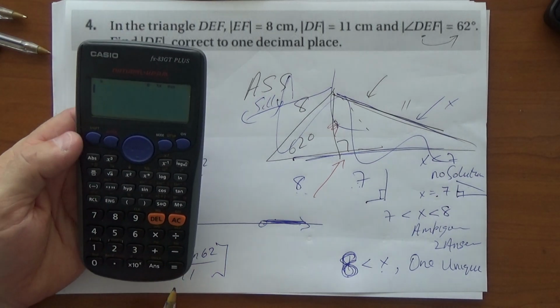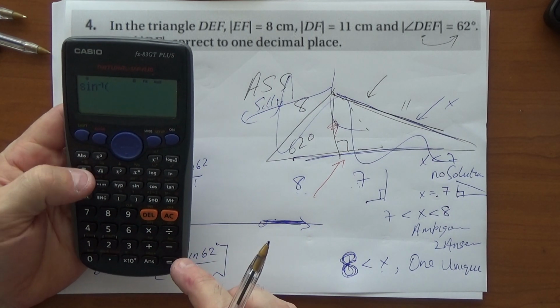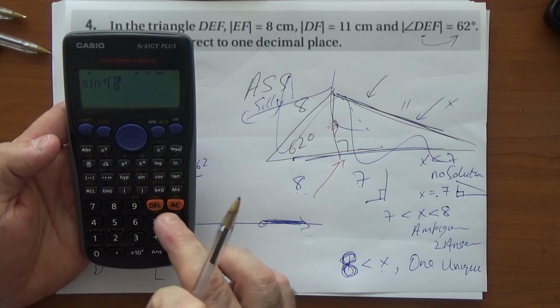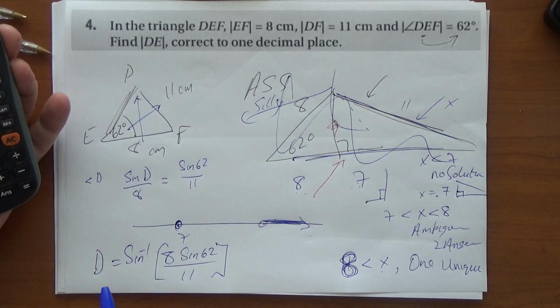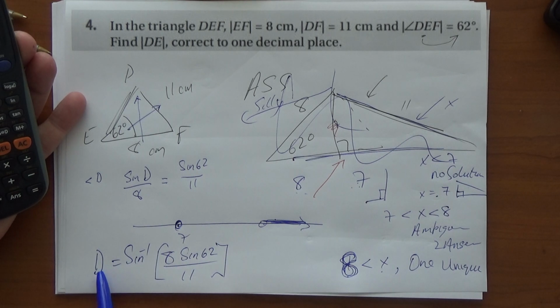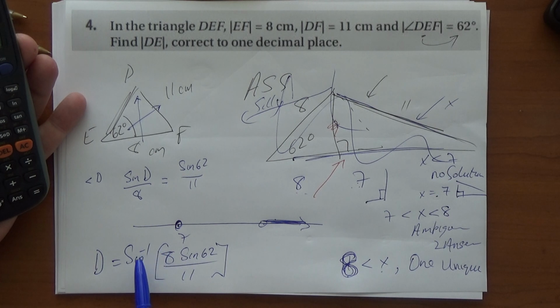Okay, so we go inverse sine, fraction bar, 8, and we're going to do our sanity check here. Is angle D opposite 8? Yes it is. And is 62 opposite 11? Yes it is.